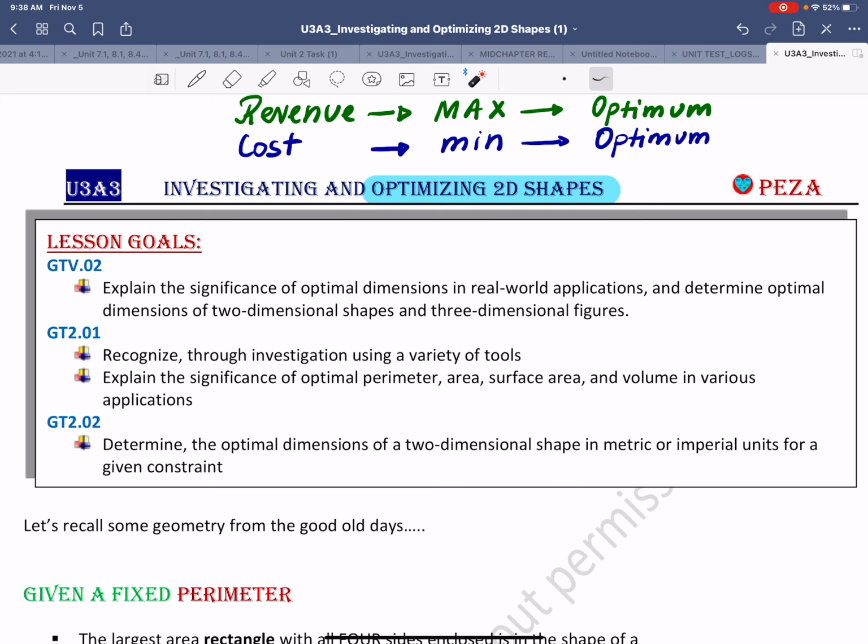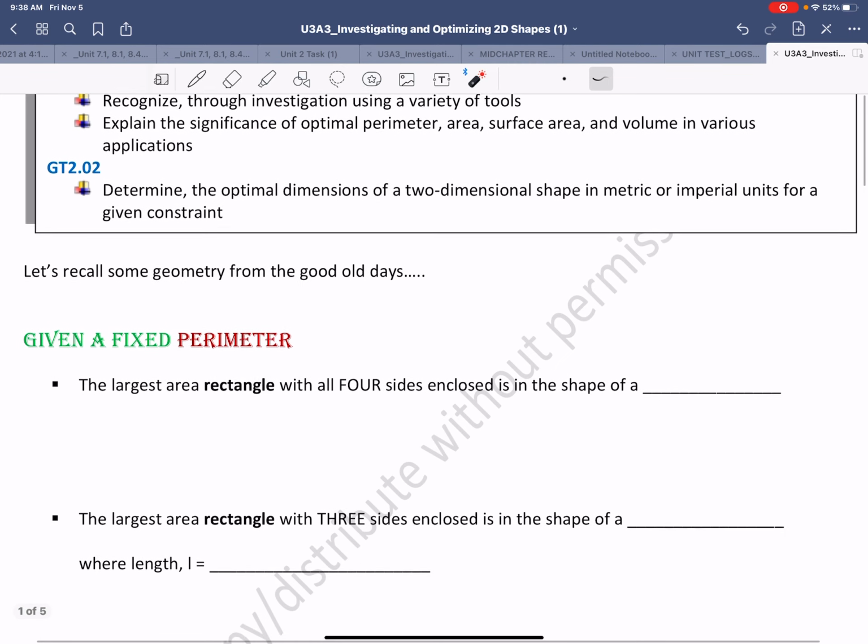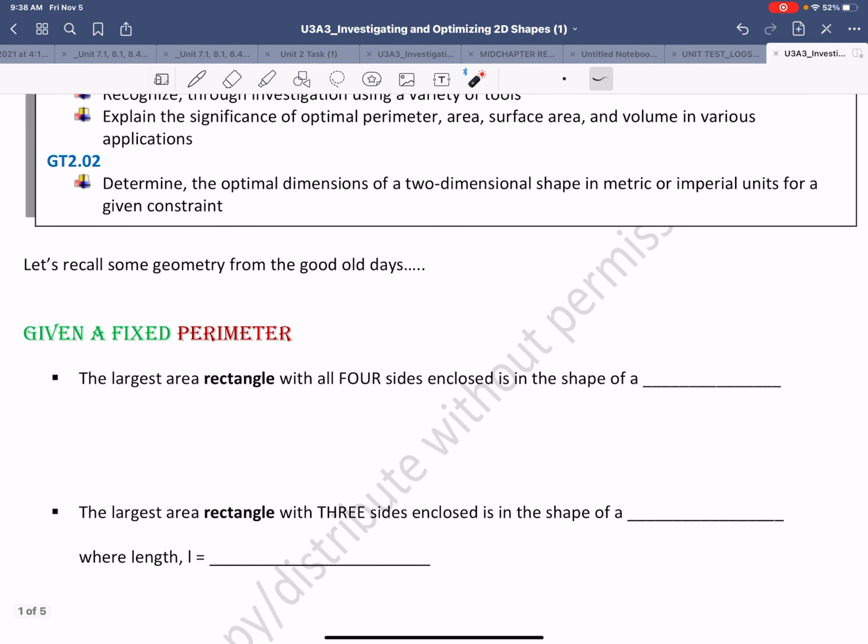Now we're going to take a look at 2D shapes today, and we'll talk about the two measurements that we focus mostly on when we analyze 2D shapes, and they are perimeter and area.